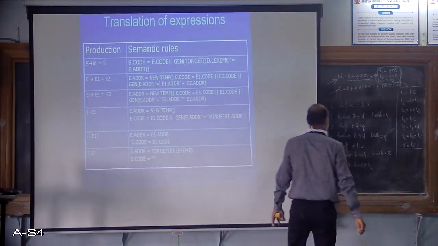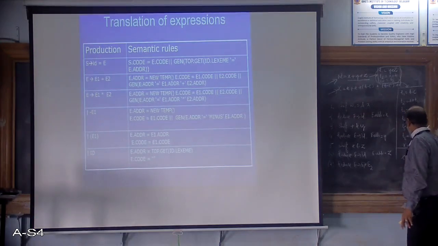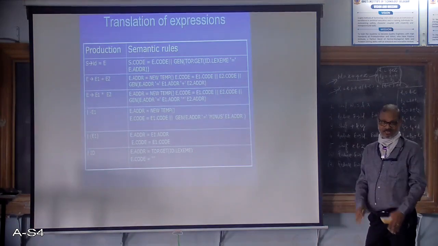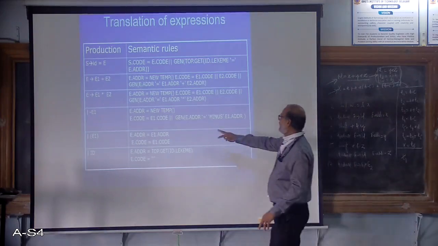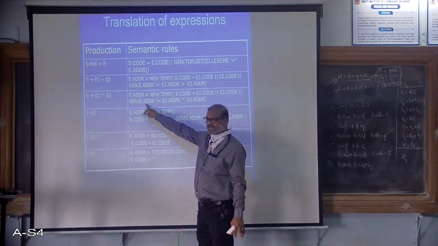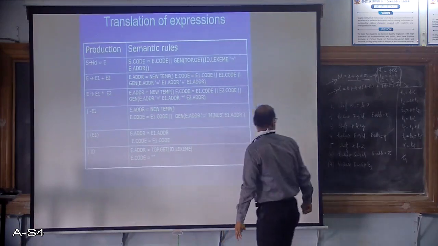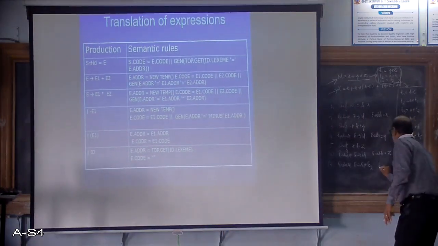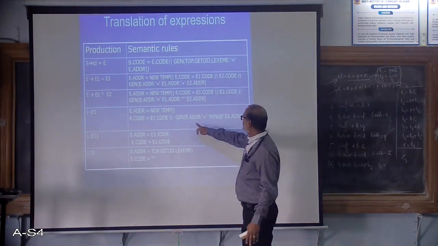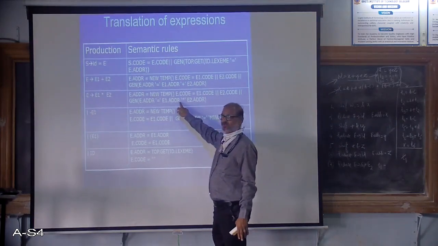Let us say I'm going to request a temporary T1, which is going to hold the value of the new 3 address code that I'm going to generate. What is the new 3 address code? E dot address is the requested new temporary, that is T1. So T1 equal to E1 dot address. What is E1 dot address?